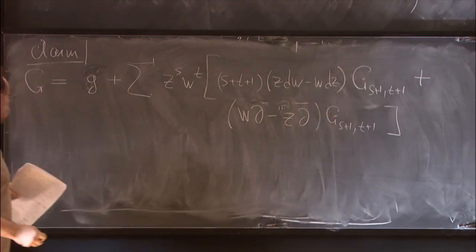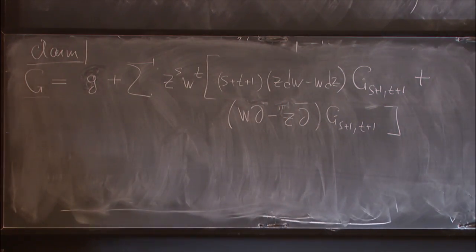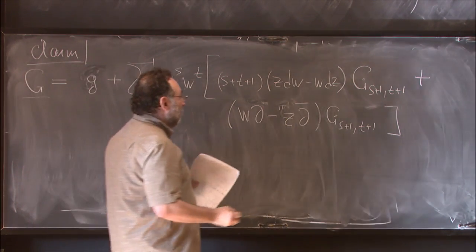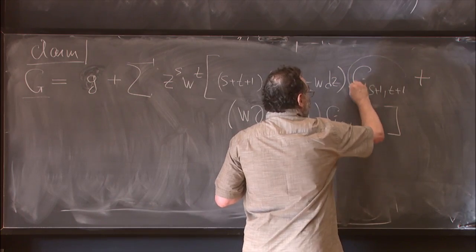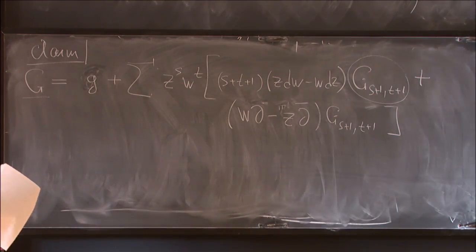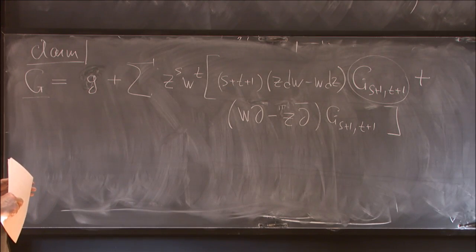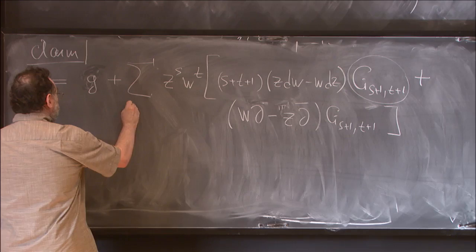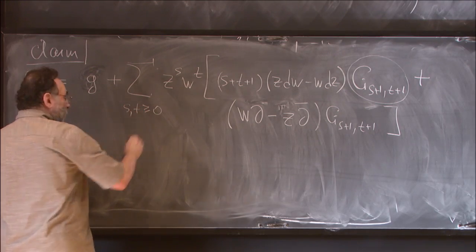So the claim is that at the end of the day, the one form which I constructed can always be expressed through some functions G_ST, which already appeared before as a curvature. What are the little s and little t we are summing? Oh yeah, good point. S, t bigger or equal to 0.